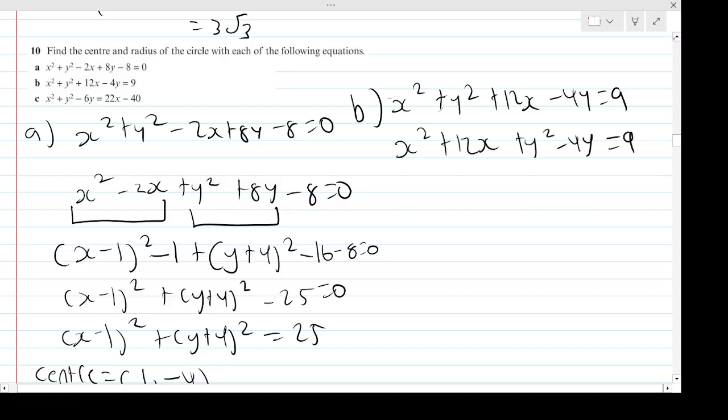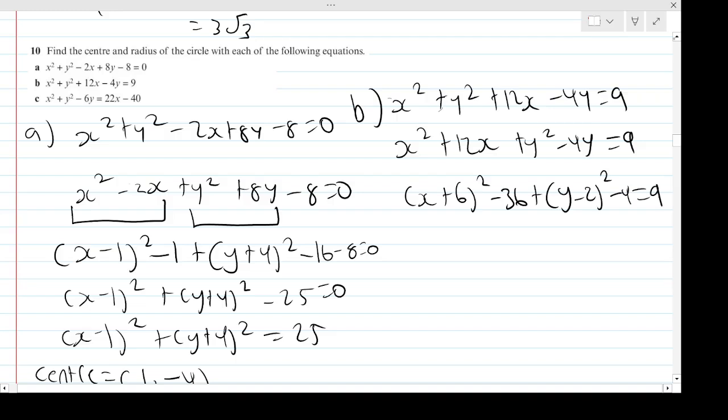Then we complete the square on the x and the y part. Firstly, x plus half of 12, which is plus 6, all squared. Then we minus 36. Then for y, half of minus 4 is minus 2, then we minus 4, and that's going to equal 9.